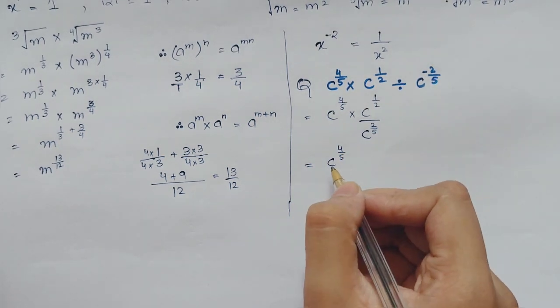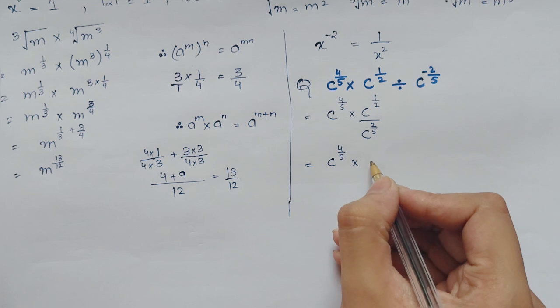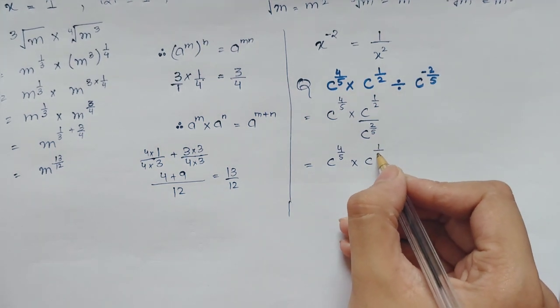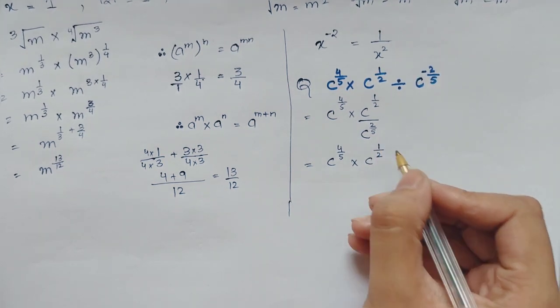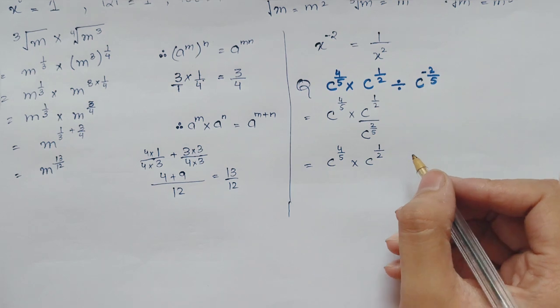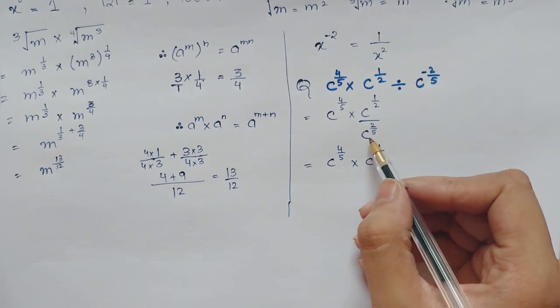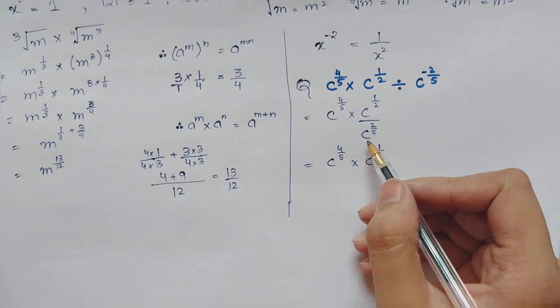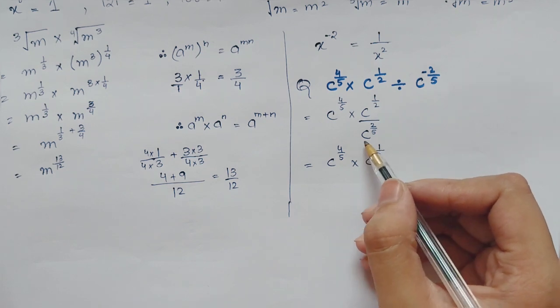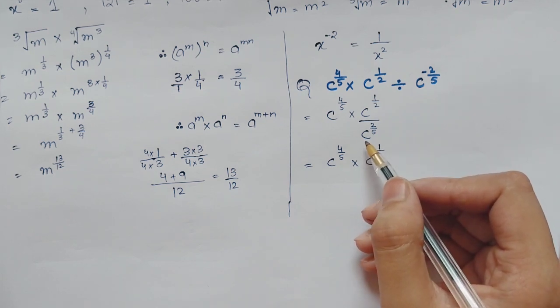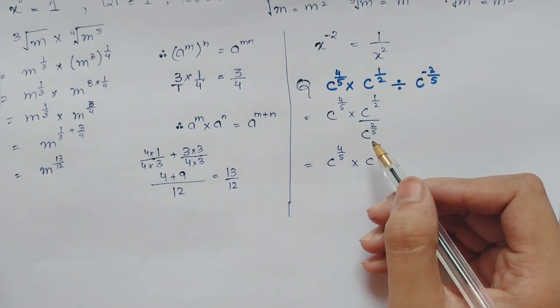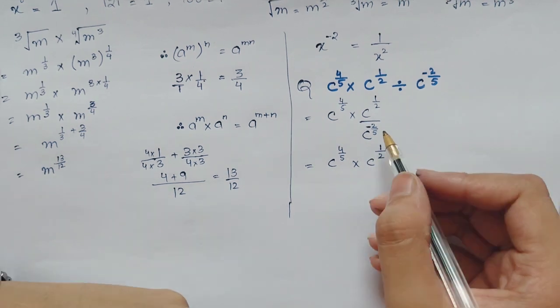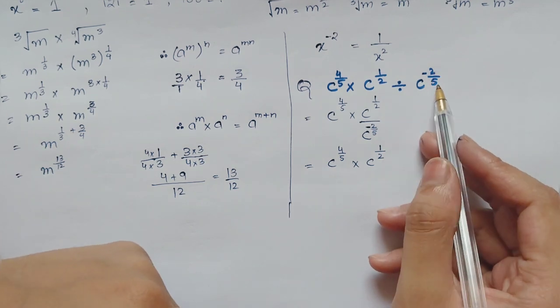Next, I am writing again c power 4 by 5 multiplied by c power 1 over 2, divided by c power minus 2 by 5.